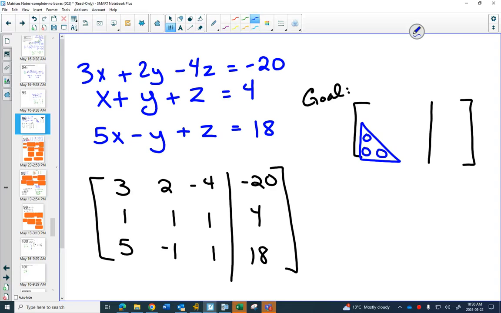Now, I could just let you play around with this and you would learn over practice certain techniques. Because sometimes you get 1, 0, but then you do another row operation and your 0 goes away. And so it gets a little bit frustrating.